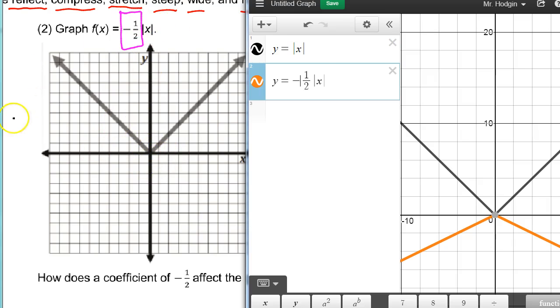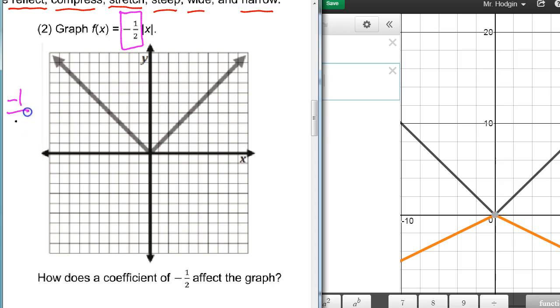So this one, negative 1/2, it goes down 1 and then left or right 2. So down 1, right 2, down 1, right 2, back to the vertex at 0, 0. Also down 1, left 2, down 1, left 2.